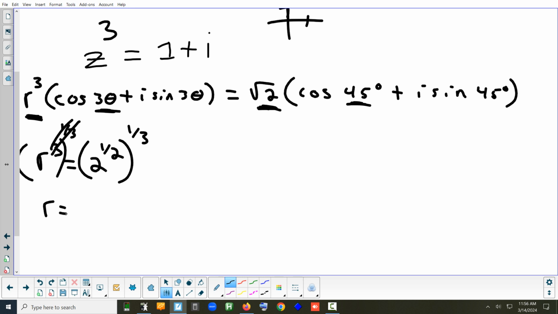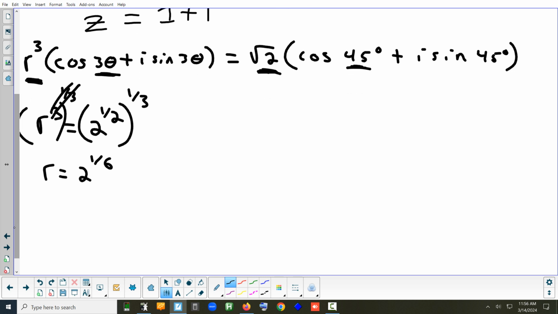That's why I wrote that as a fractional exponent, so you could see it was 2 to the 1/6, which as a root is the what root of 2? 6th root. So there's your radius. However you want to write it, either format is fine.